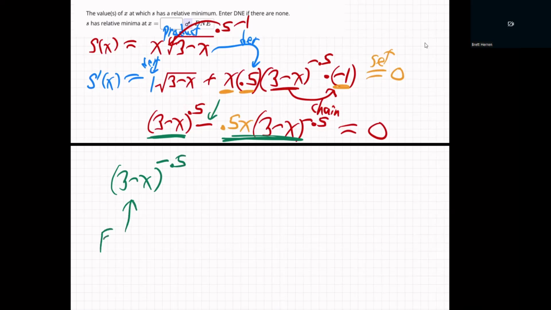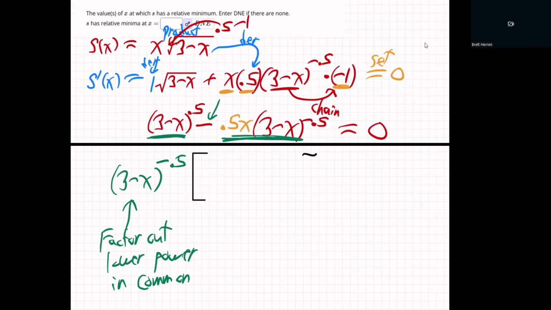So we factor out the lower power of whatever's in common. Whatever's in common is called the greatest common factor. You take out the lower power. So it's the greatest amount they have in common. All right, and then what I'm going to do is use brackets.